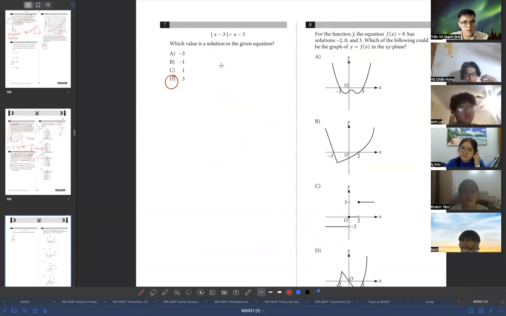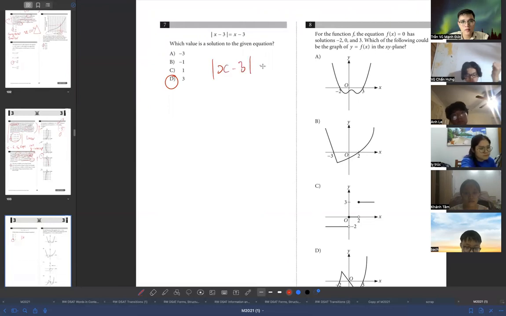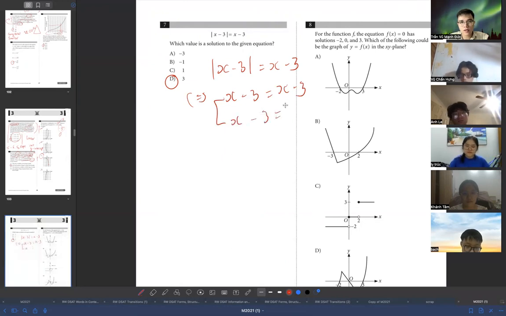For absolute values, the absolute value of x minus 3 equals... will be the same as x minus 3 equals x minus 3, or x minus 3 equals 3 minus x. Don't forget this, guys. Don't get mistaken.